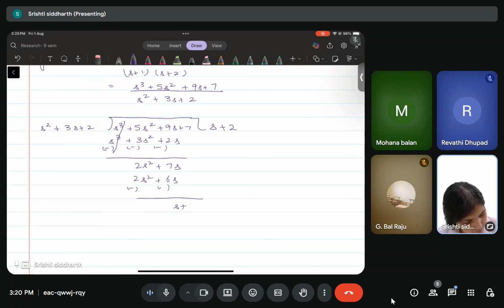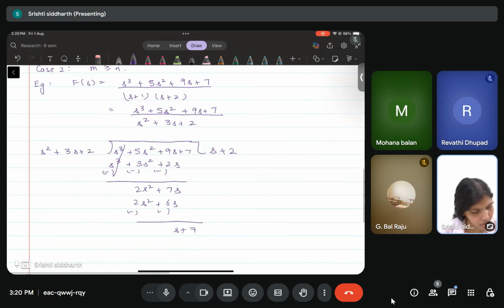I didn't write it correctly, let me just check once.